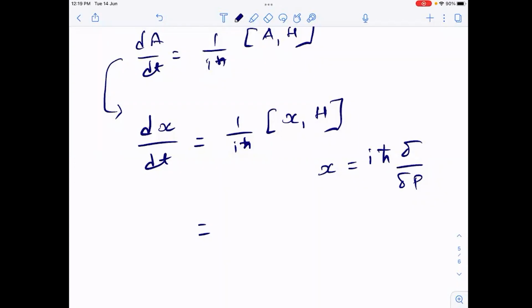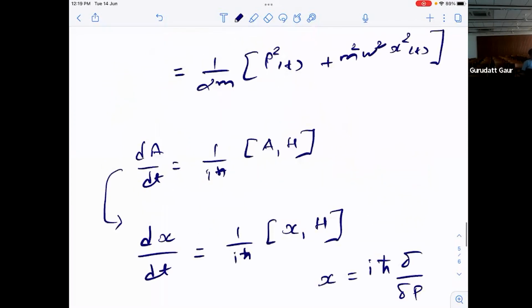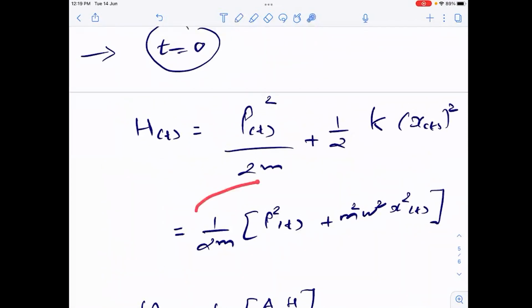You can take a few seconds or a minute. 2i h cut? Where will the 2 come from? If we expand the Hamiltonian, the commutator of X with P will be... No, no, we will not write these particular terms right now.